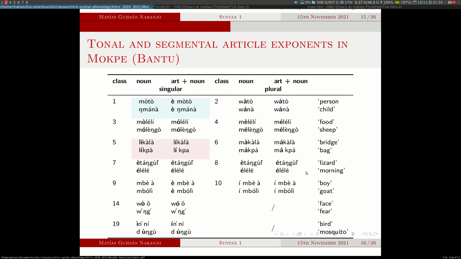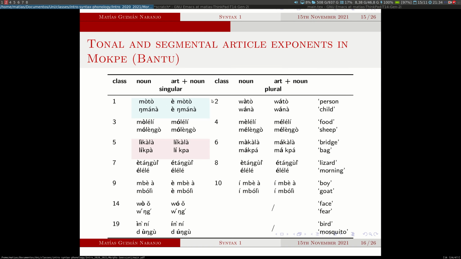Morphology can also be suprasegmental. This is a Bantu language, Mokpe. Again, I can't do these co-articulations, it's difficult. But in any case, here you have classes of noun plus article, and different classes according to what the different nouns do.